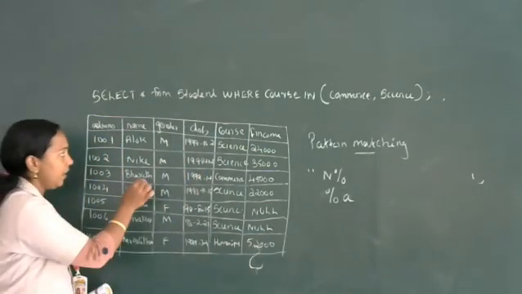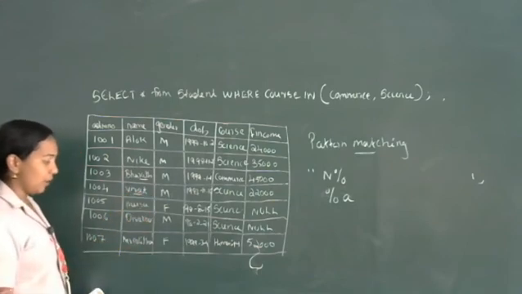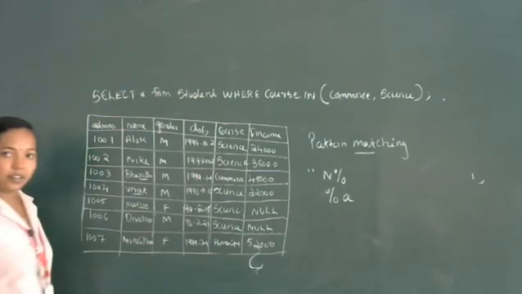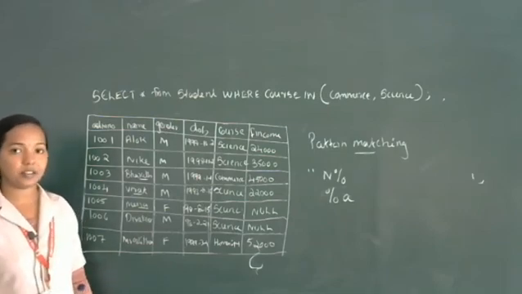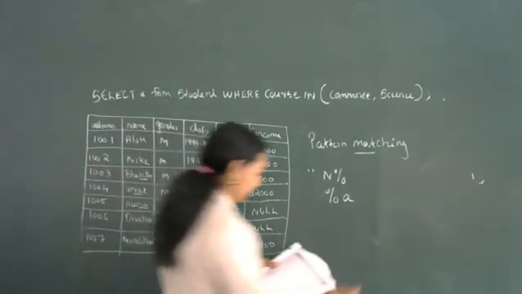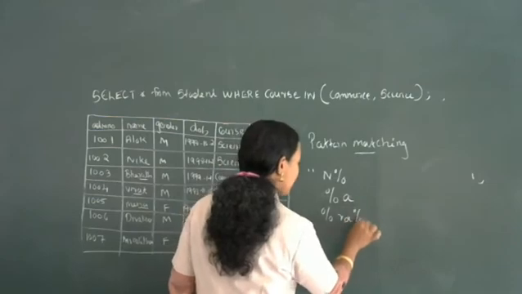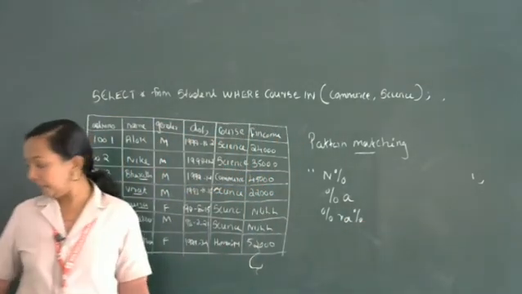For example, RA is present in Bharat, in Virat, and also in Meera. Like that, some pattern of characters is present. That also we can write like this: percentage of RA percentage. That string we include inside the pattern.